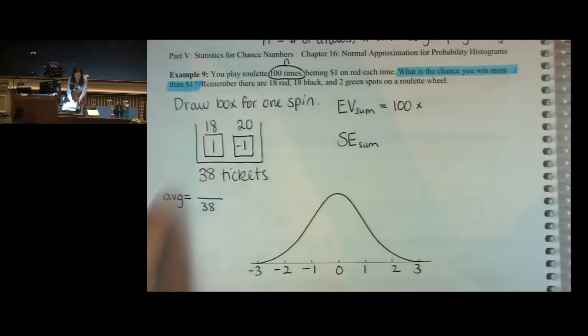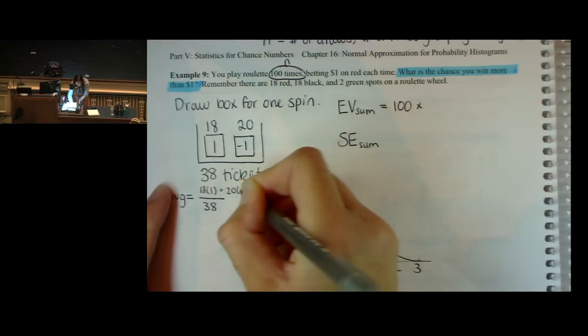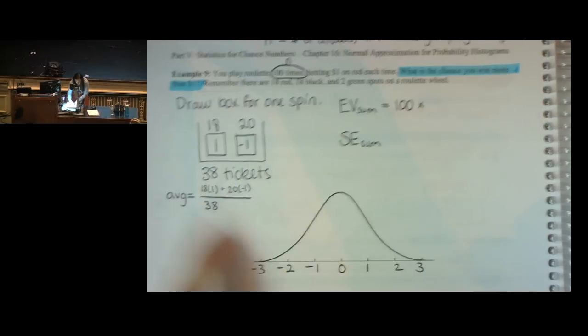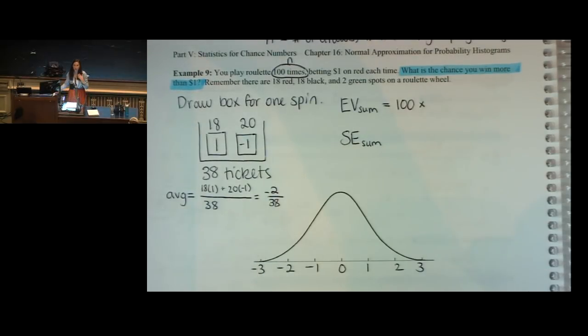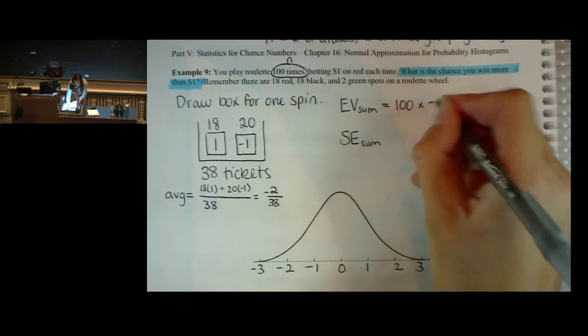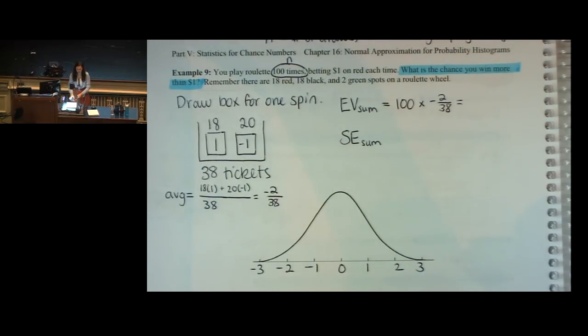So I need to add up 18 ones plus 20 negative ones, and I get my standard average for roulette, which is -2 over 38. Okay, so 100 times -2 over 38.